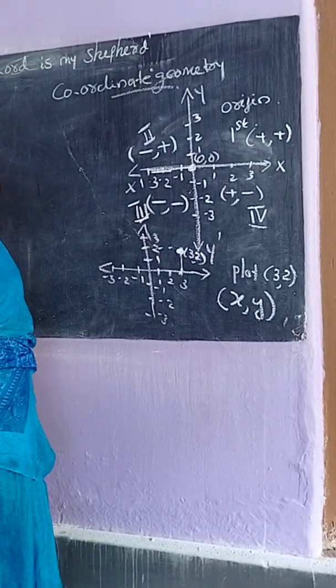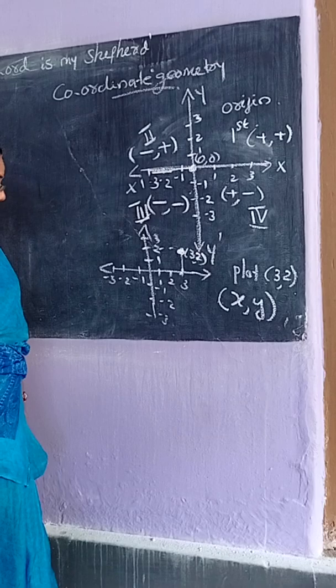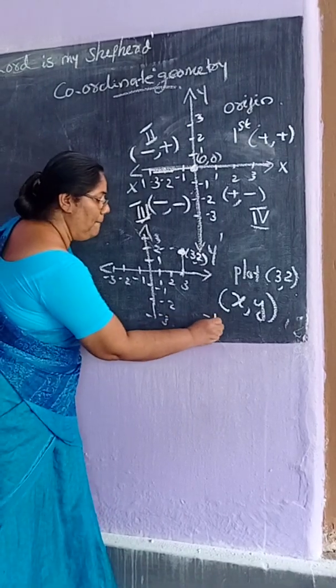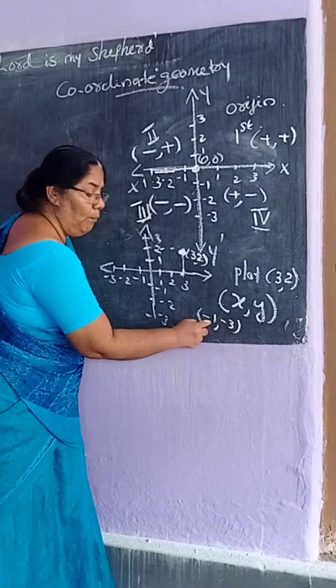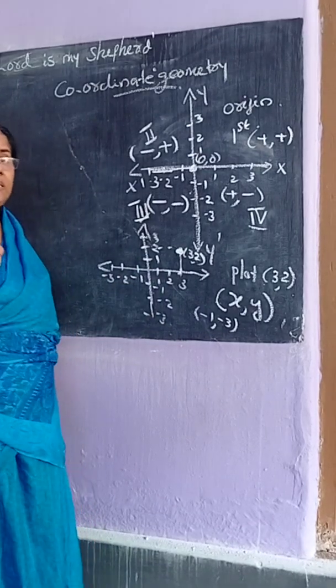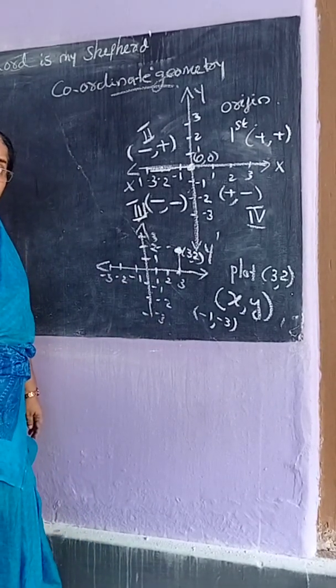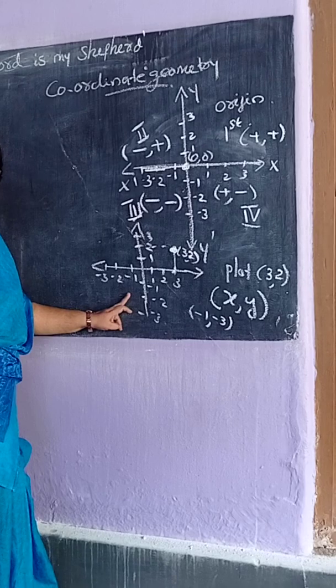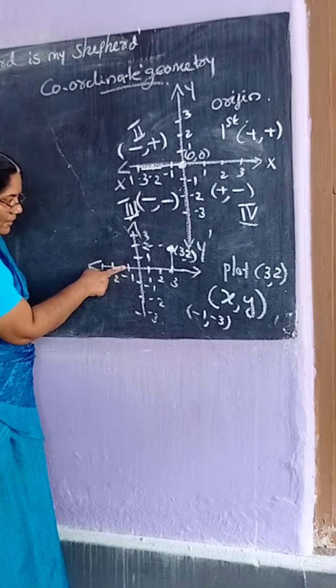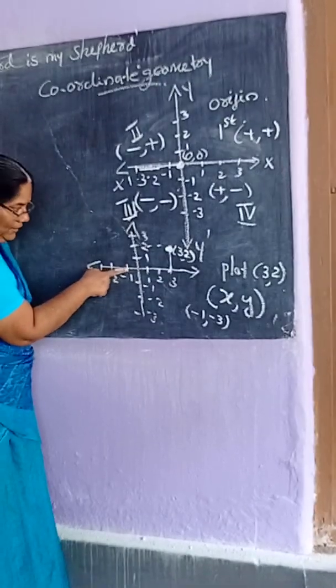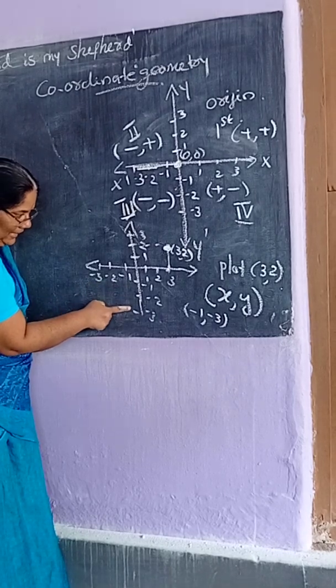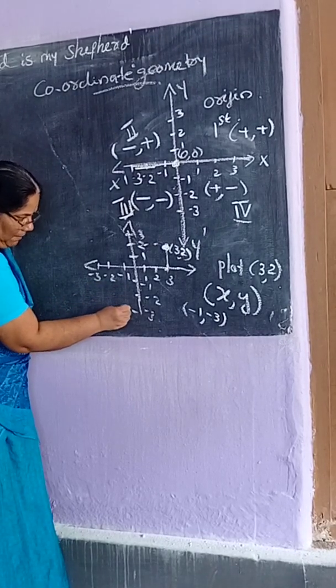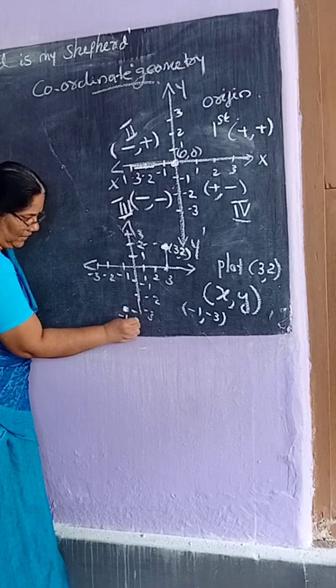Listen. Now, where can you mark minus 1, minus 3? Both negative means that it is in the third quadrant. Understand? Minus 1, that means x first. Minus 1, minus 3, this is the point.